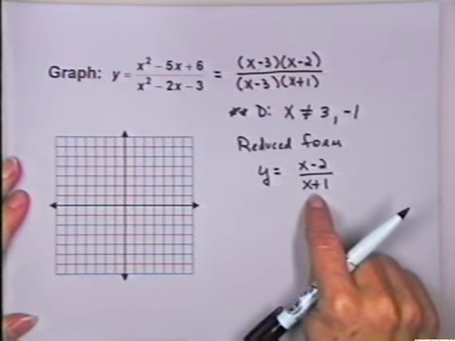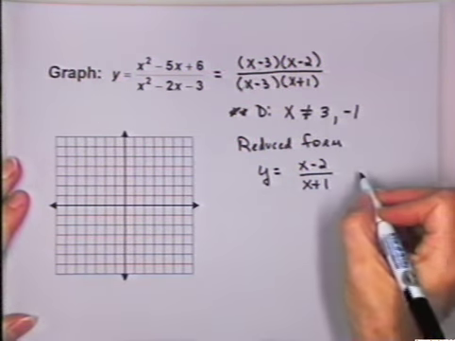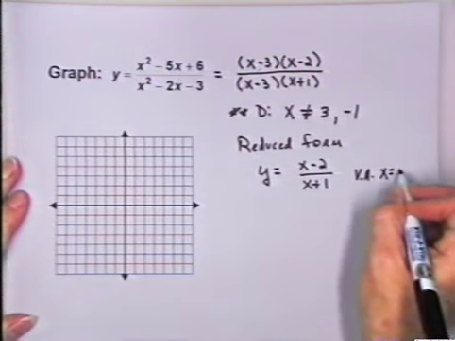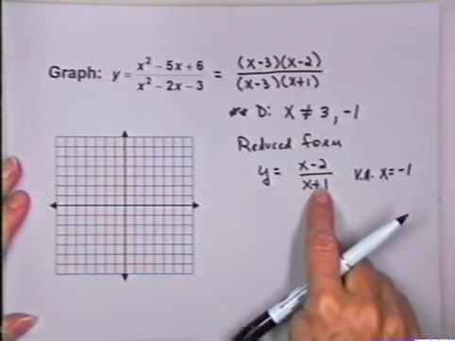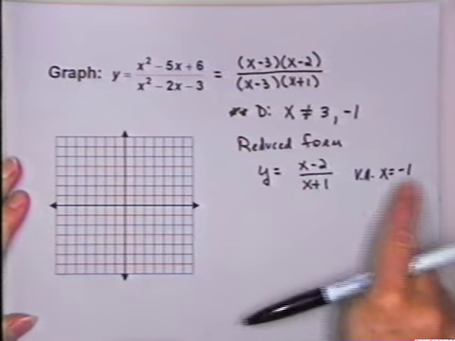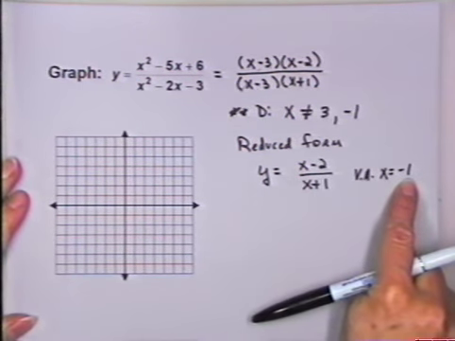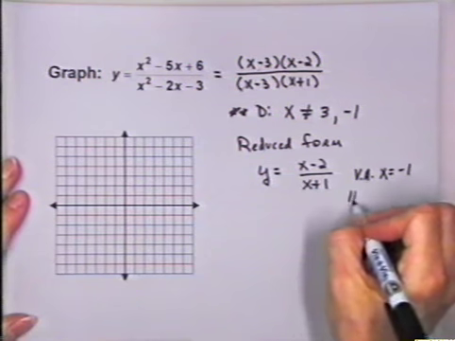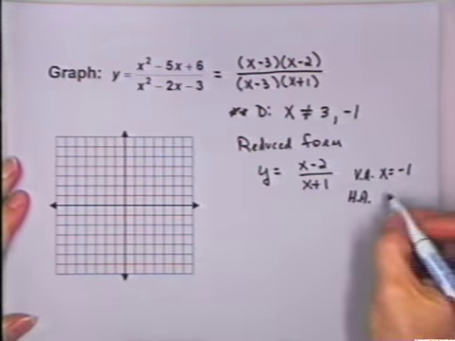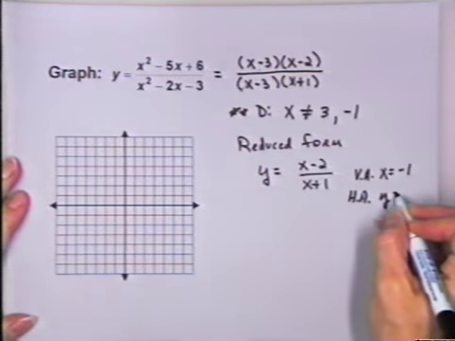Well, notice on this function, x can't be negative 1, can it? In fact, I have a vertical asymptote at x equals negative 1 because negative 1 makes this denominator 0 but not the numerator. Notice that because the powers of x are the same, I will have a horizontal asymptote. What will it be?